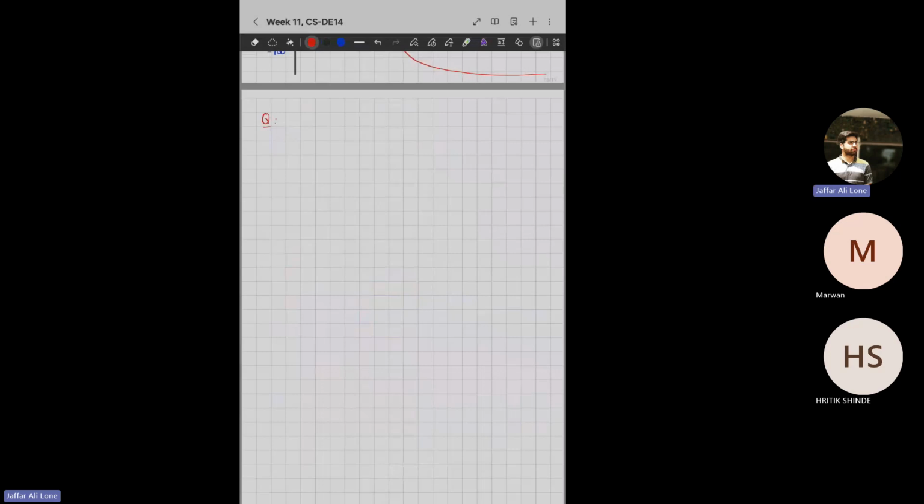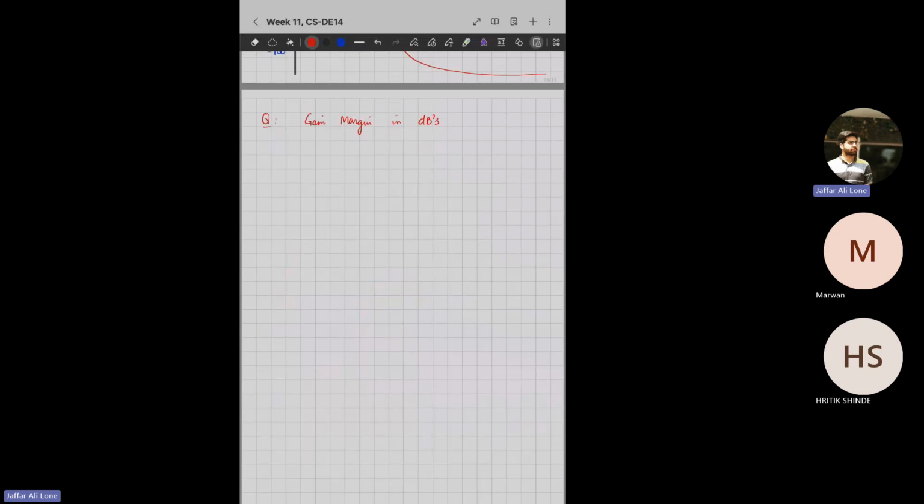The question is: find the gain margin in decibels. So whatever you calculate, you just have to multiply 20 log to that.